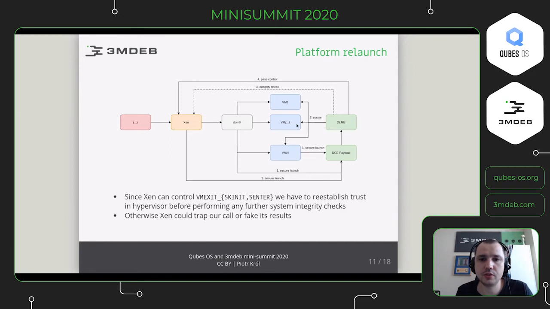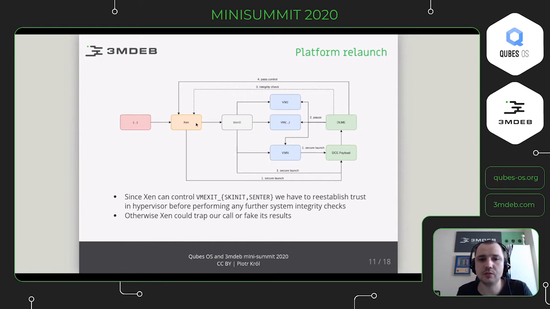which then pauses all VMs and then checks the integrity of the hypervisor. So why do we check the integrity of the hypervisor? Since Xen controls the execution of secure launch, since this is a hardware instruction, and if called in a VM, it will cause a VM exit, and then the hypervisor has to handle that. Xen can also fake that, either abort execution of SKINIT or just try to fake the results of it.